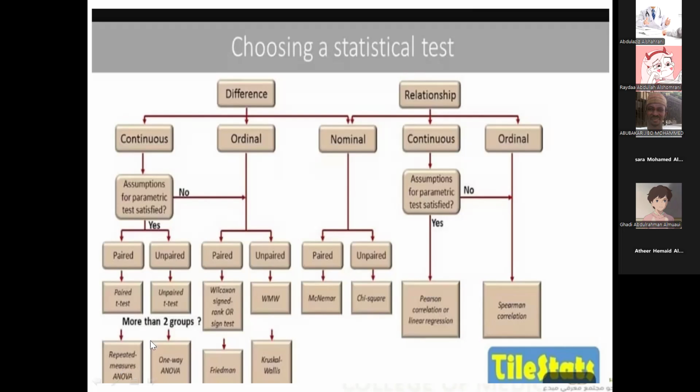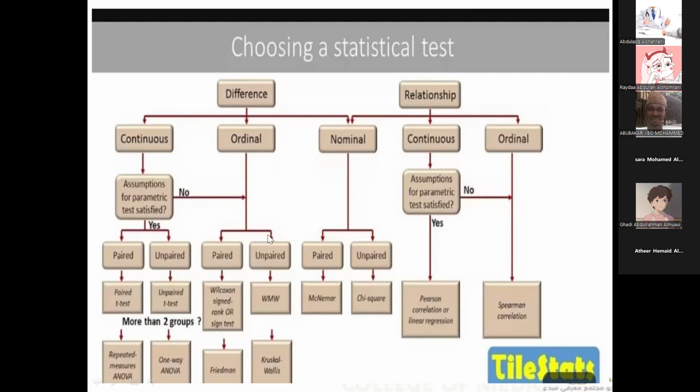If the continuous data is unpaired and it has more than two groups, then you go ahead and use one-way ANOVA. Now, this is for continuous data. I told you continuous data could be on the ratio or on the interval scale.